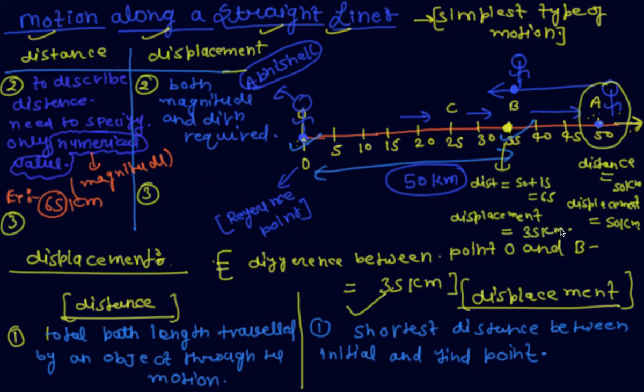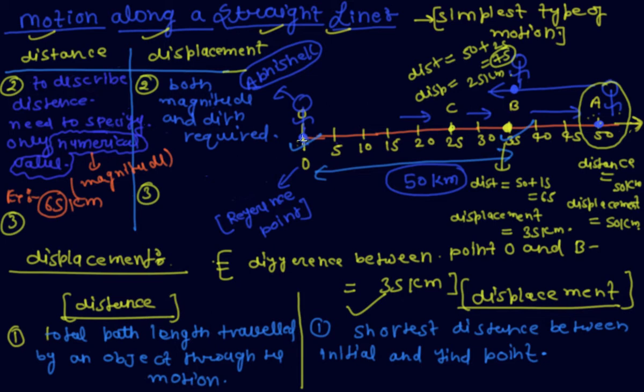And again at point C, the distance through A and B is 50 plus 25, so distance is 75 km, and displacement is the shortest distance between O and C, so this is 25 km.